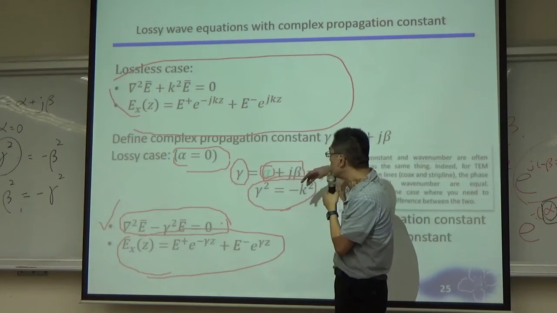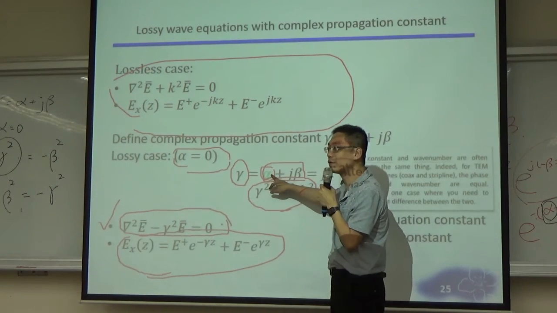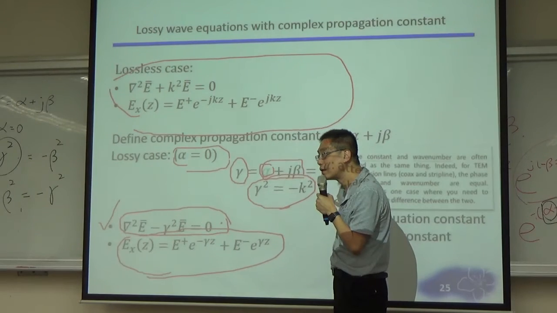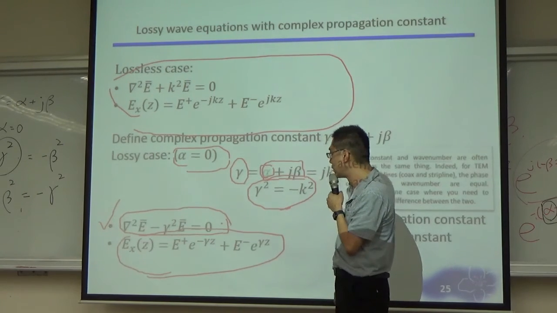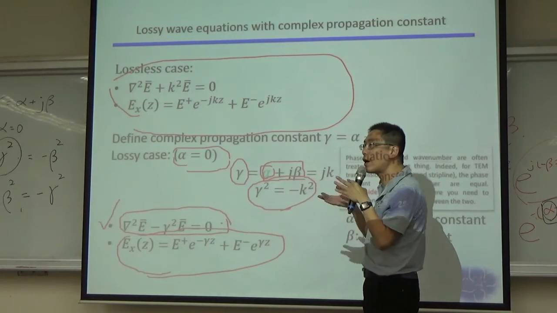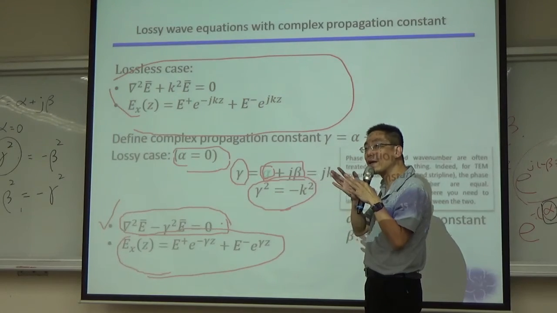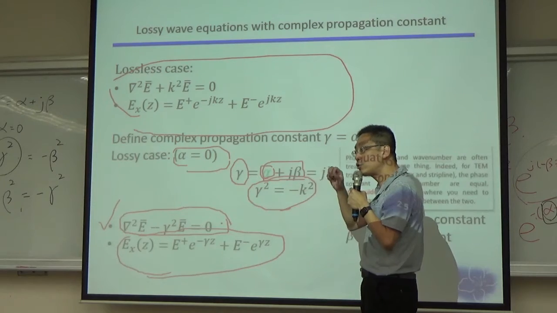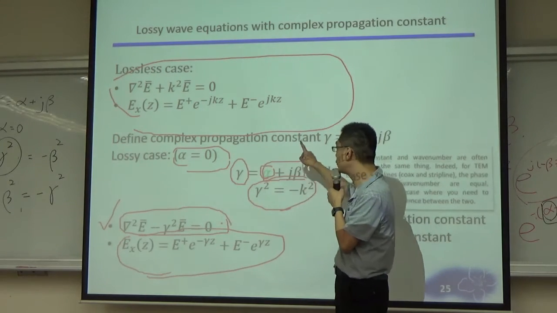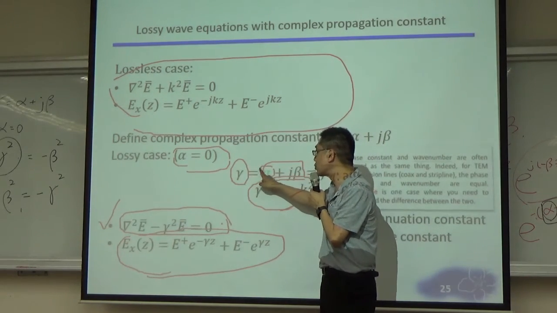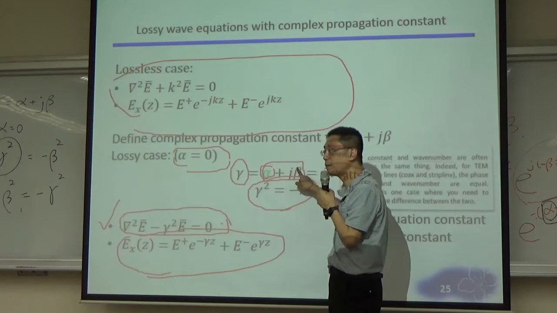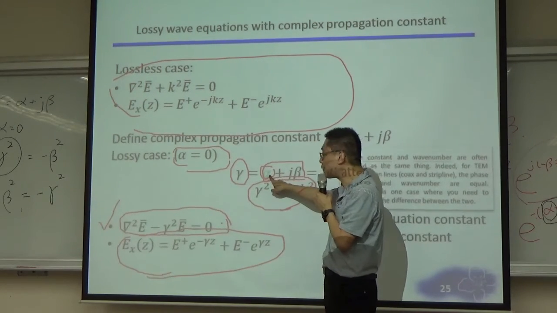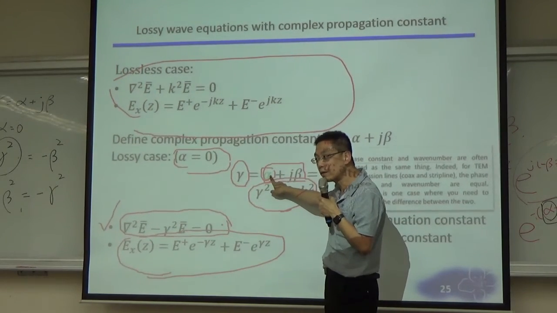Oh, I mean, if alpha is 0, no, I try to make them together. It doesn't mean alpha equals 0. I try to have the relationship gamma equals alpha plus j beta. If alpha is 0, they are the same.